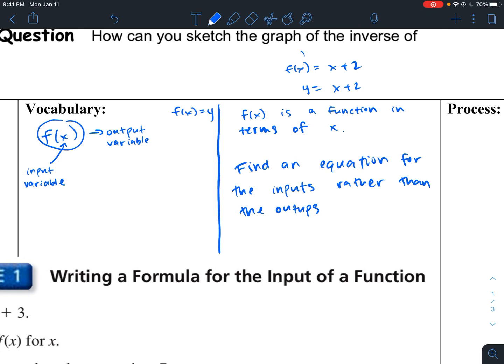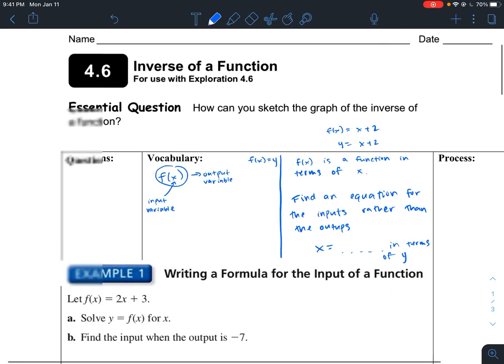Because these right here are equations for the outputs using inputs. So can we find an equation for the input? Meaning x is equal to something in terms of y. Okay, so that's what we're going to be doing today.